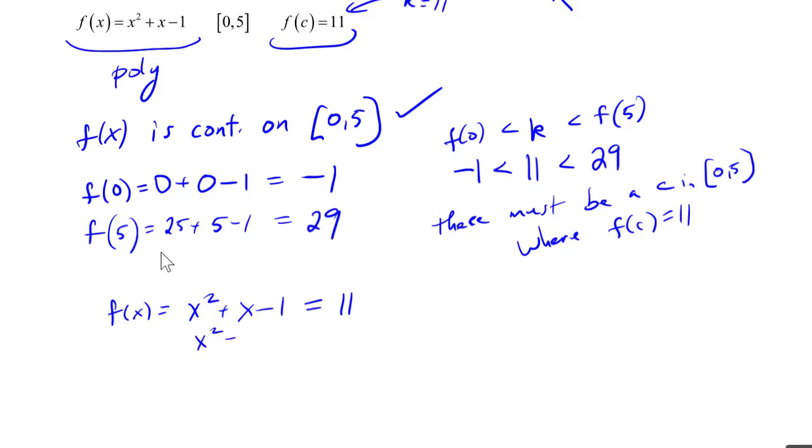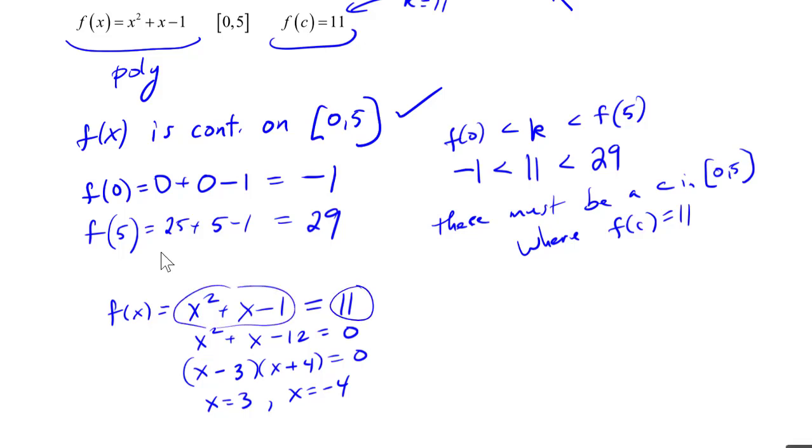So x squared plus x minus 12 is 0, bringing over the 11. Okay, 3 and 4. x minus 3, x plus 4 is 0. Solving this gives me x equals 3 and x equals negative 4. So at 3 and negative 4, this function takes the value 11.